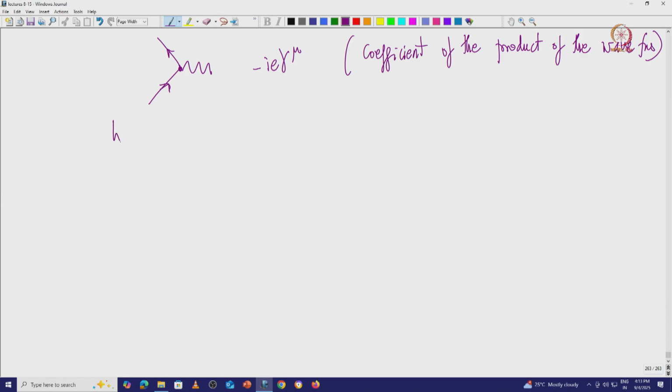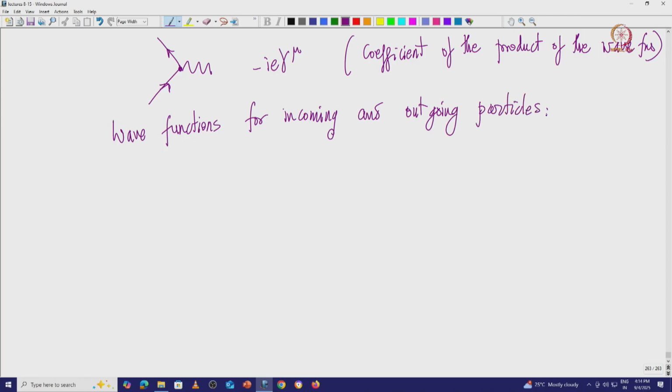An incoming electron has a wave function u of p, s, where p is the momentum and s is the spin.